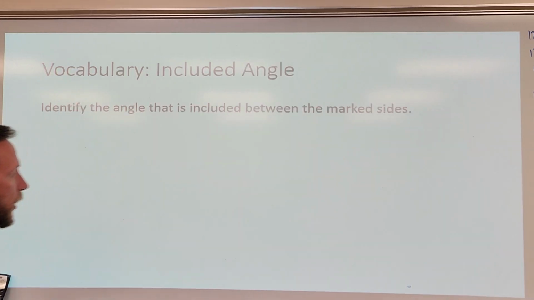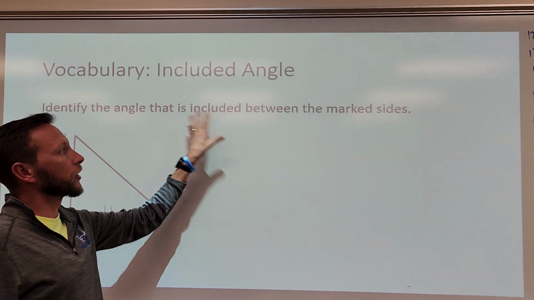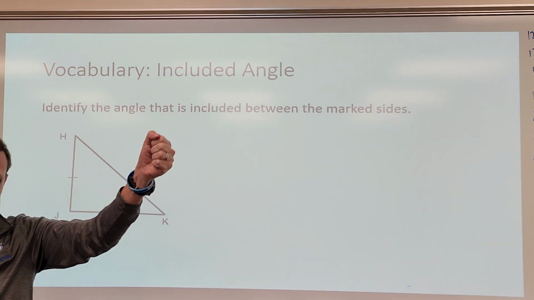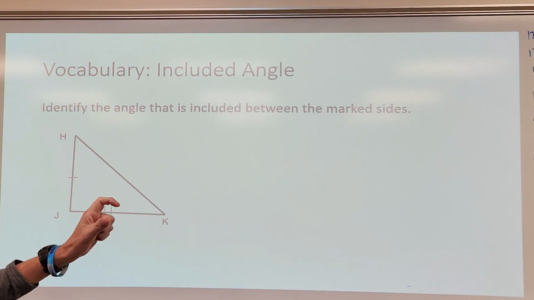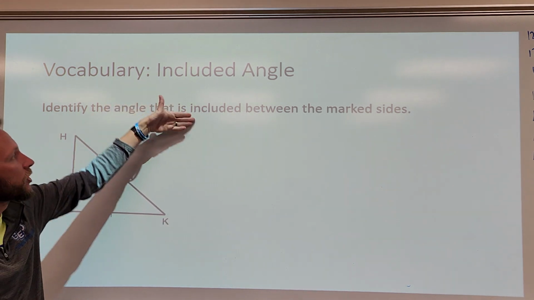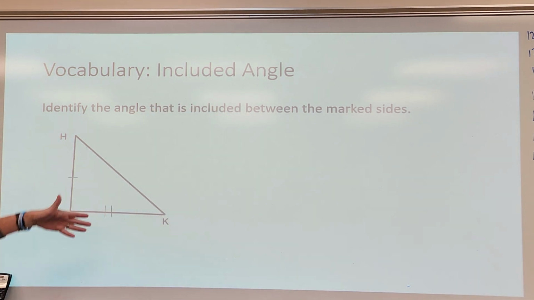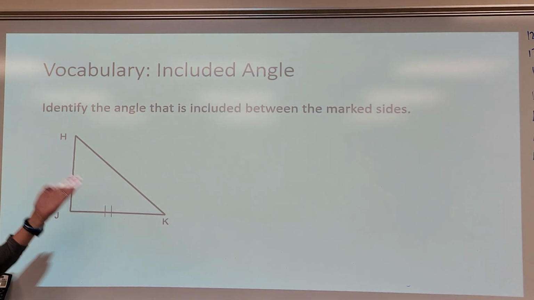sides. Right? When we are talking about included angles or included sides, we want to make sure that we are understanding that language. I don't want to go so far as to say that this is vocabulary, but it is a concept that when we talk about the included angle, we need to know what that is. All right, so in this case, we have this side marked and this side marked.